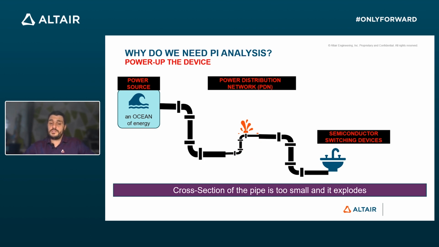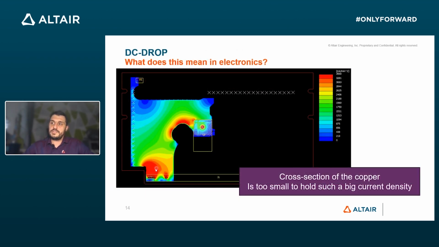Exactly the same concept can be used in the electronics. The current density, or the current per the cross-section of copper, acts like water. If you pump the water into the system through this connector, you have a lot of water per cross-section because there is a pretty narrow piece of copper. Then it flows everywhere on this piece of copper.